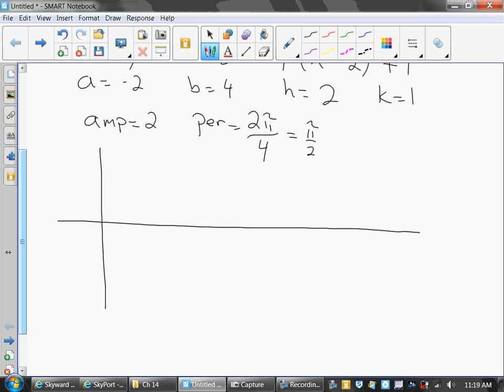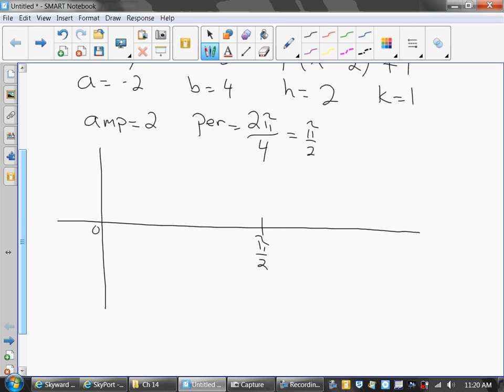I know I'm going to have to shift everything to the right 2 points, so I'm not going to put my ending period all the way at the end here. I'm going to put it right here. Now, I know that the period ends at pi over 2. In my brain, that's 1/2. Does that make sense?